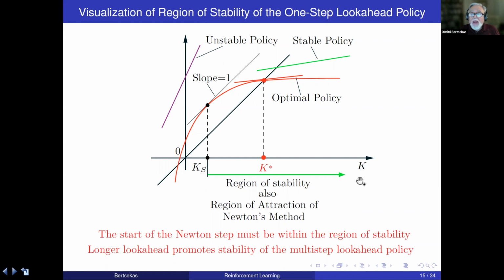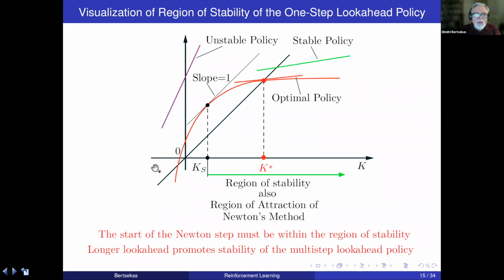So when doing one-step look ahead, it is important to pick the cost function approximation in the right regions so that we obtain a policy that's stable or has a finite cost. However, if we are careless and we pick K tilde in the region of instability, then the policy that we obtain is a legitimate policy, but has infinite cost in this particular case of the linear quadratic problem.